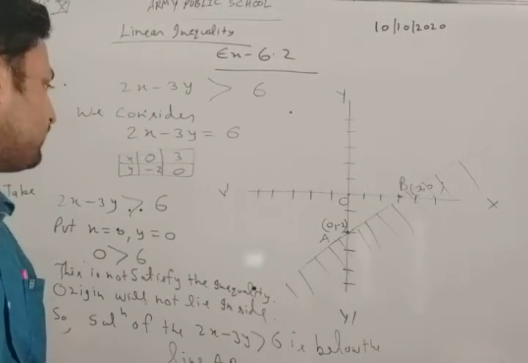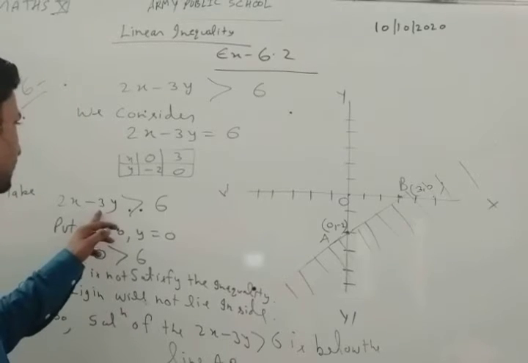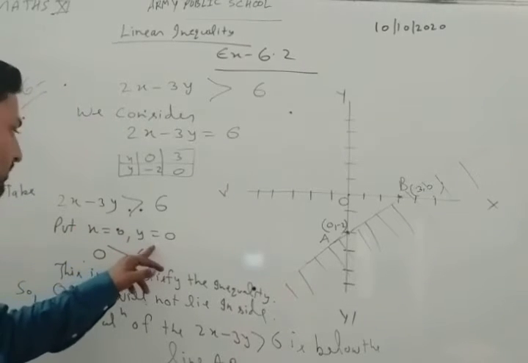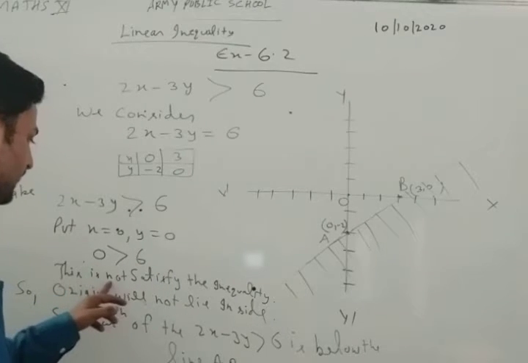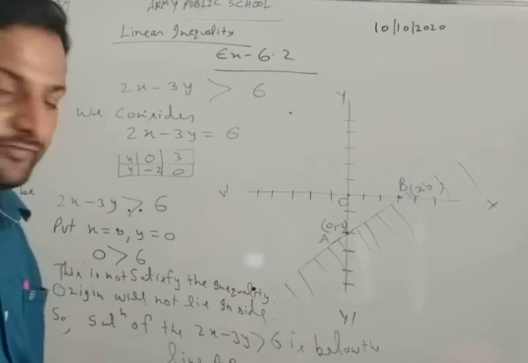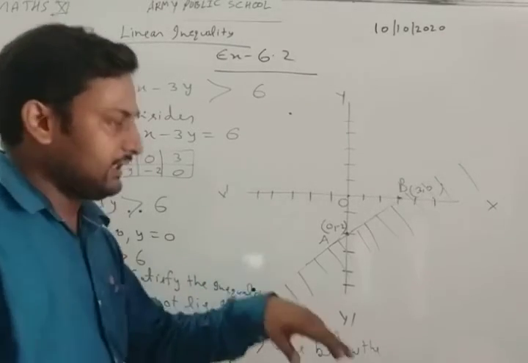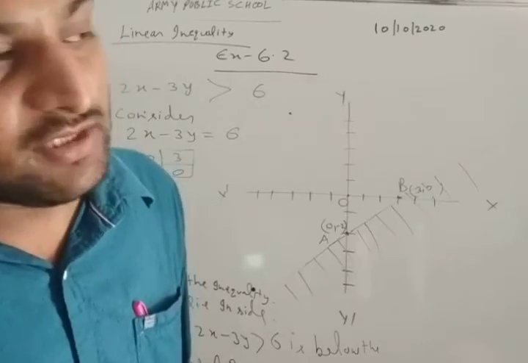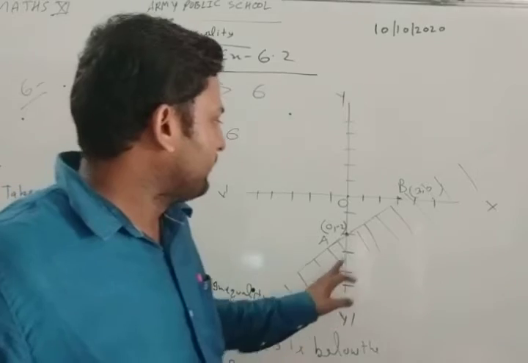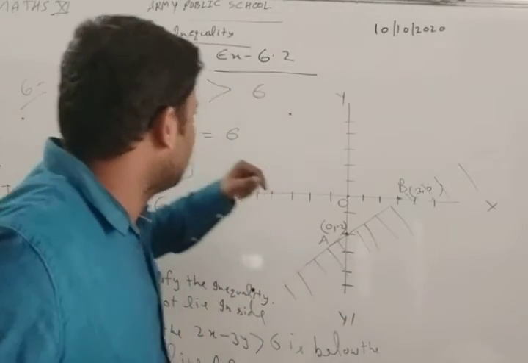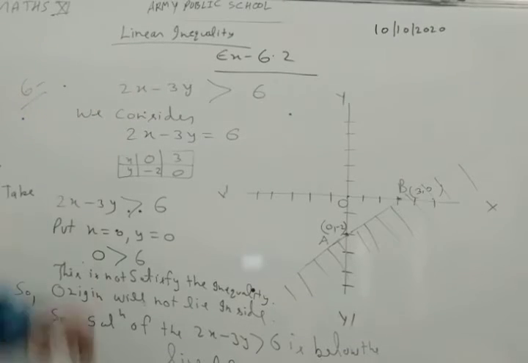After drawing the graph, we check the origin by putting x and y as 0. We find the inequality is not satisfied, so the origin will not lie inside. It is outside the line, meaning below the line. So our solution will be below the line AB, the solution of the inequality 2x minus 3y is greater than 6.